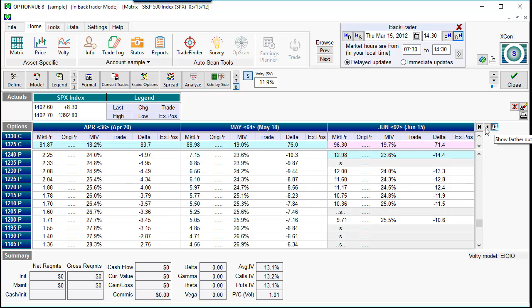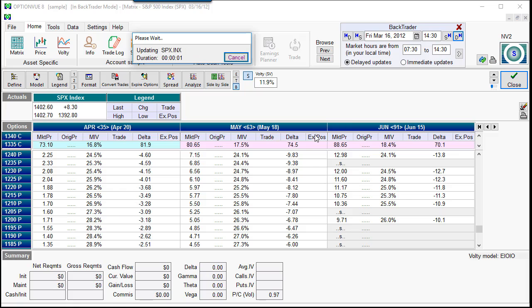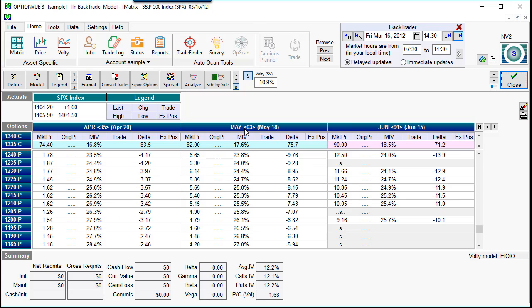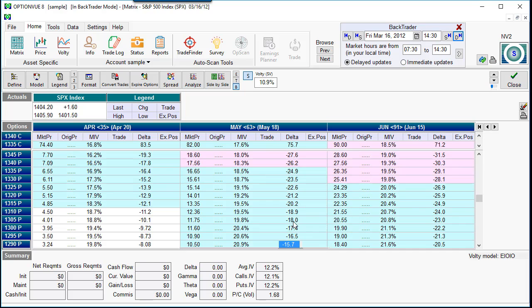Now, the next cycle is we will go right here to the next day, Friday, and we'll say I can choose between 63 or 91. So let's just say we're going to go to 63.